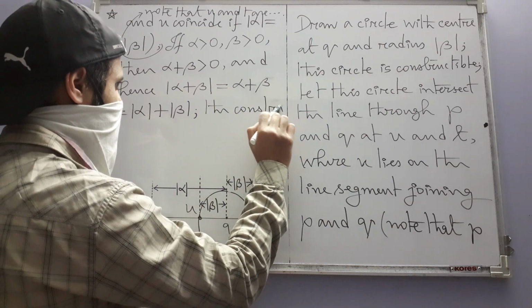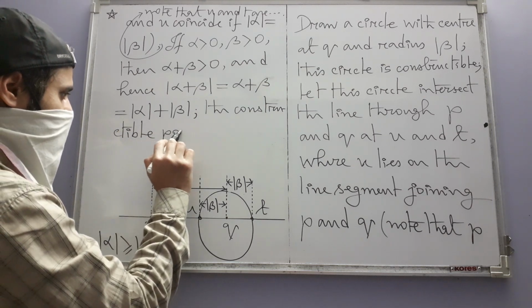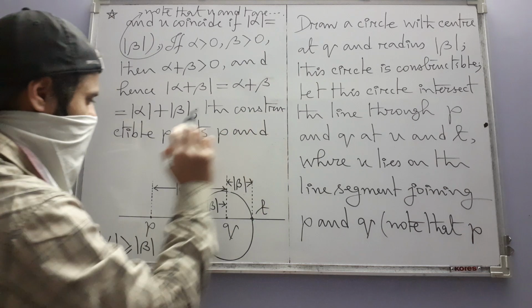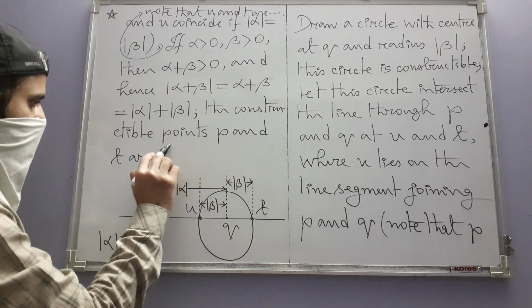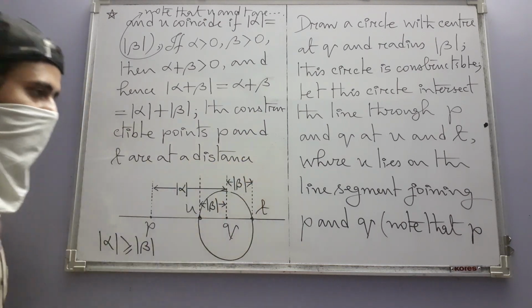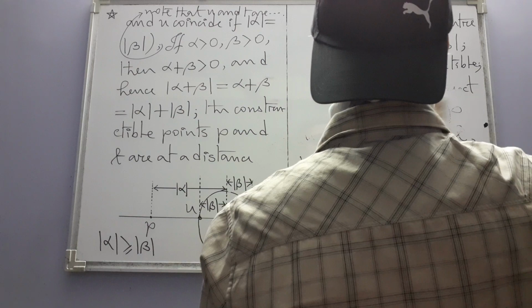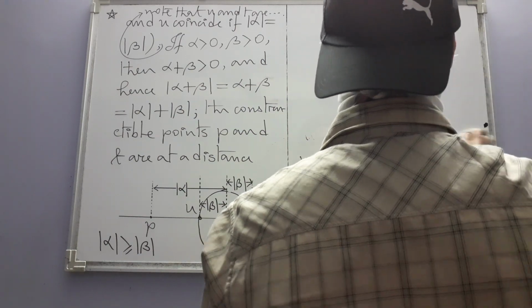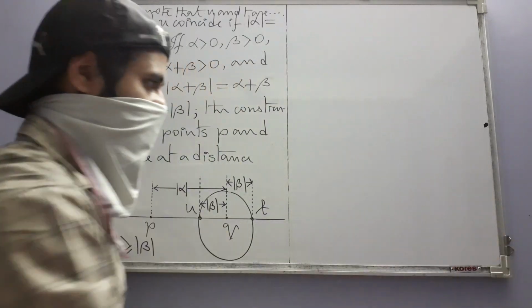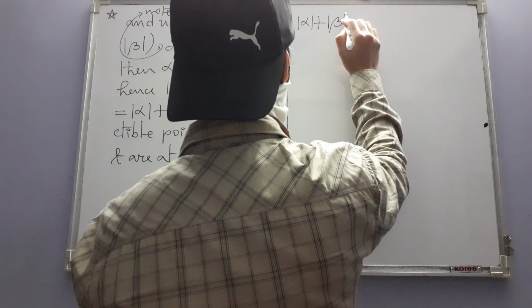The constructible points P and T are at a distance this.